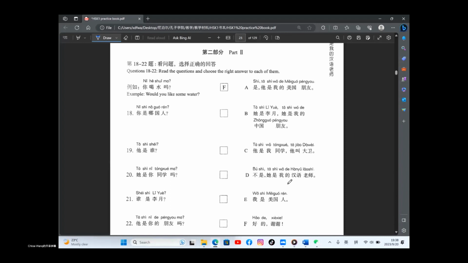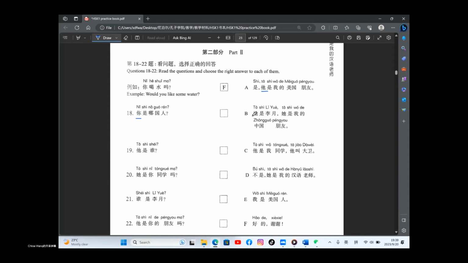Also not appropriate. And actually, we don't need to understand the whole sentence, right? We just need to figure out the subject of each answer. Because the question here is asking something about you. A's subject is 他, he.